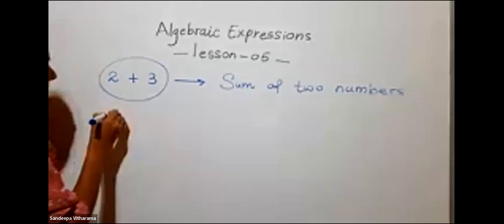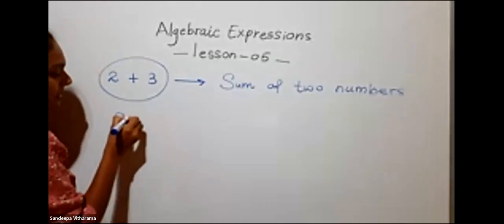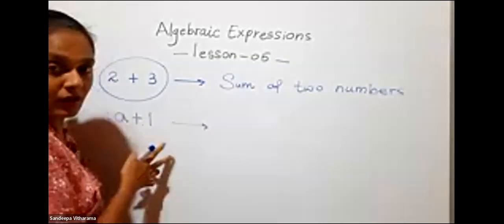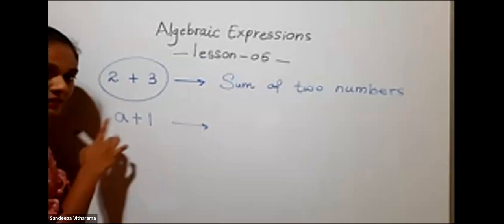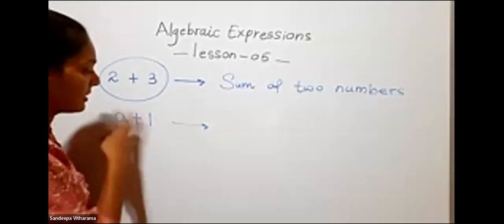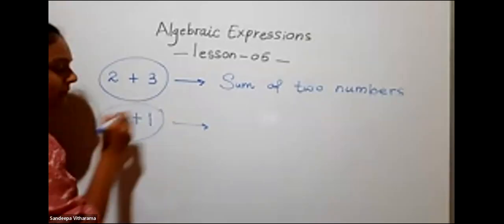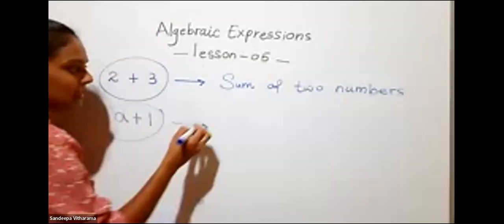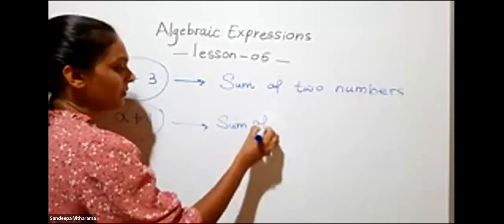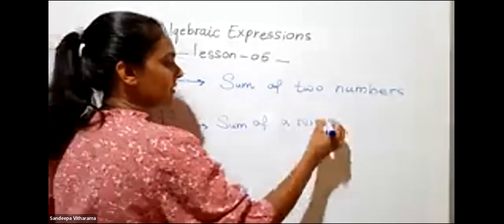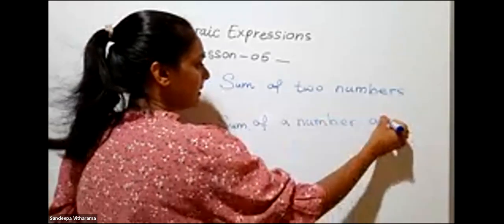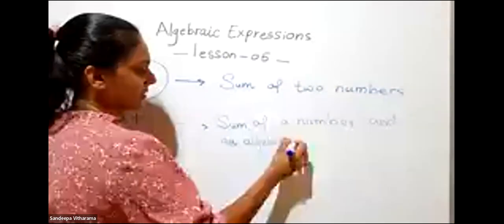Okay, and if we consider another one, a plus 1, it is a sum of an algebraic term and a number. So generally we can say that it is a sum. So we can call this a sum of a number and an algebraic term.